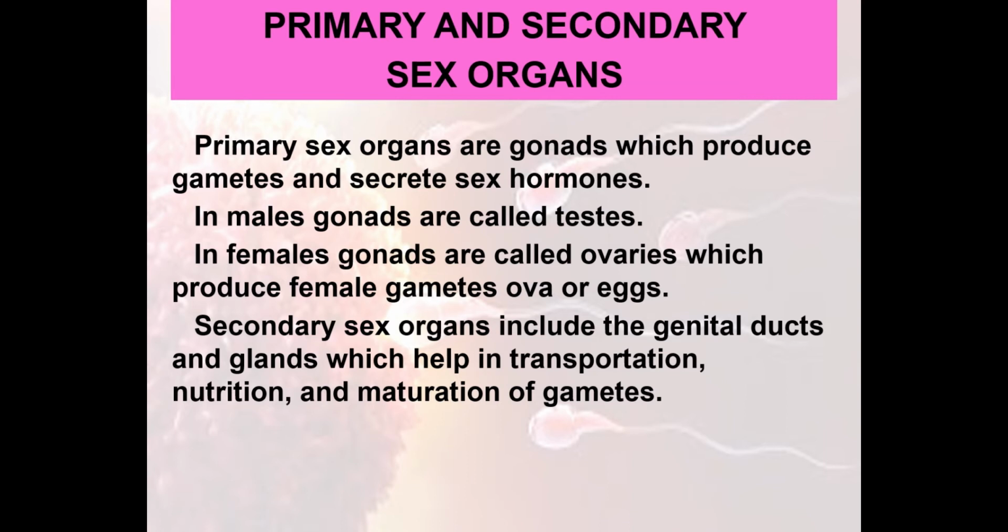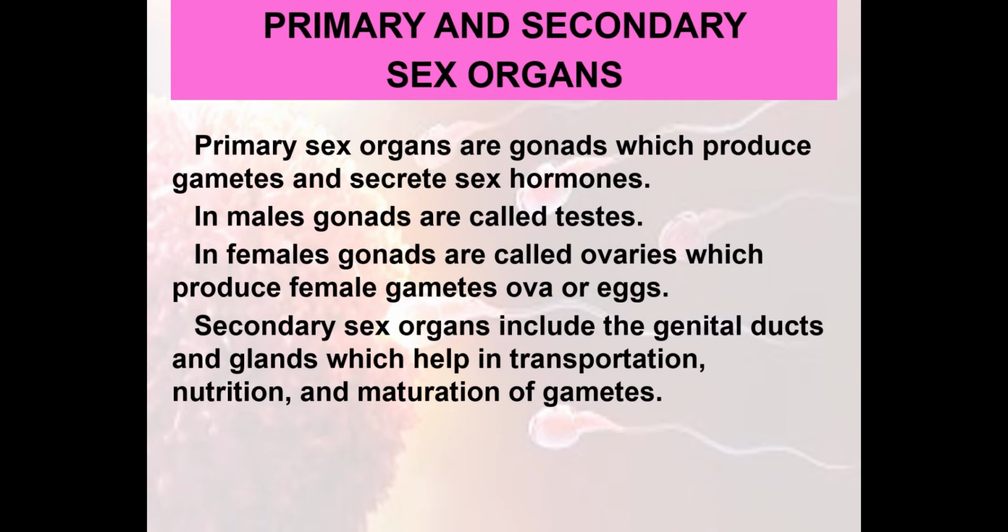These gonads produce gametes and they secrete sex hormones also. In male, these gonads are called testes, and testes produce the gametes, sperms. Female gonads are called ovaries, and these produce female gametes called ova or ovum or egg.